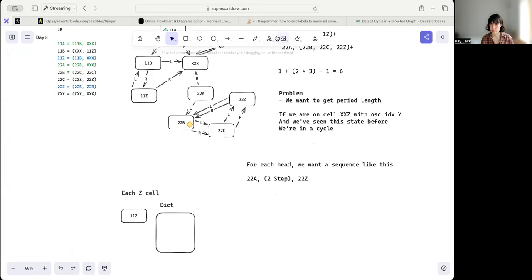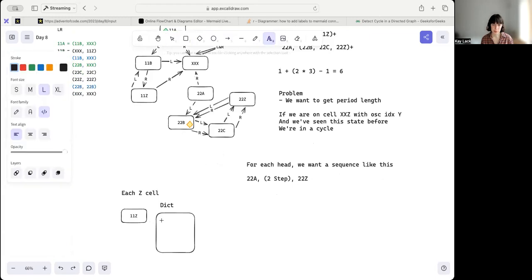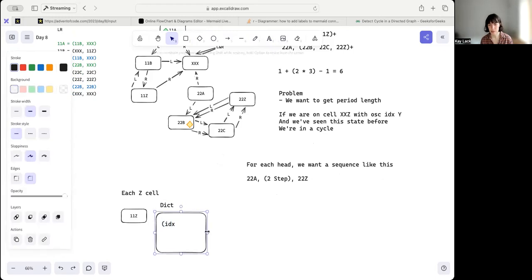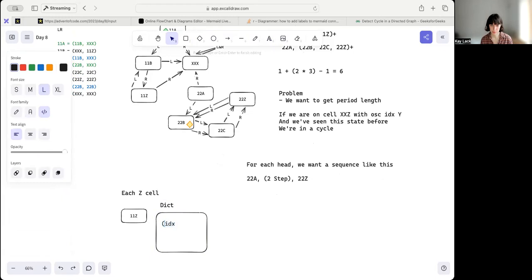And the dictionary is keyed on the index of the pattern, the index of the oscillator, to the next Z that it touches after that.